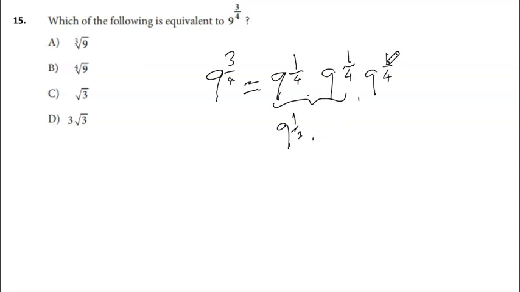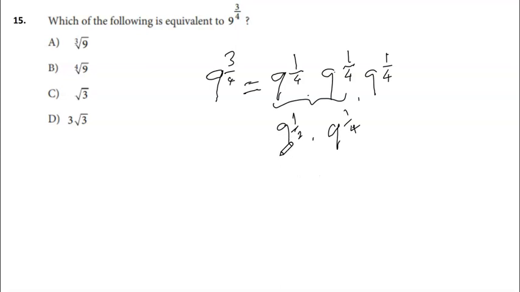Multiply by this one here, which is 9 to the power 1/4. And I know that 9 raised to the power half is the same as square root of 9, right? So remember that. If you need to put it on an index card, do it.